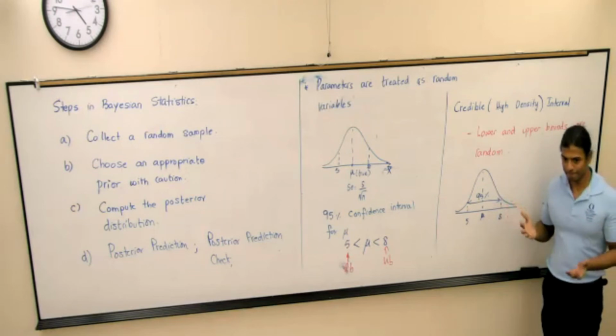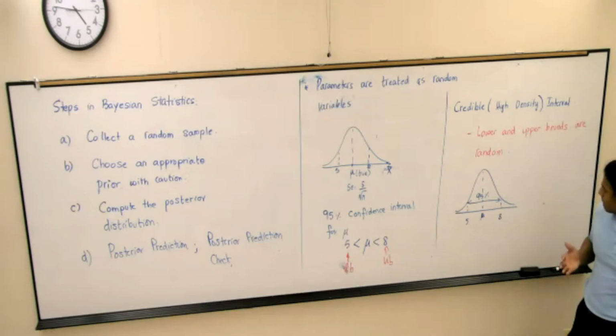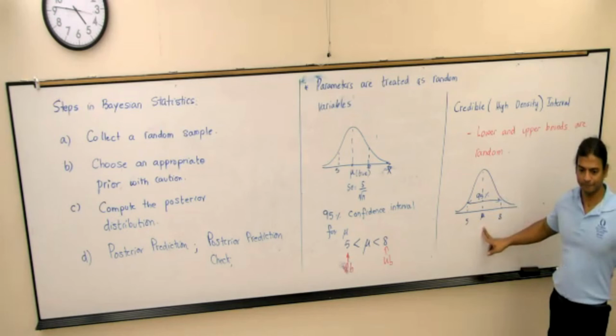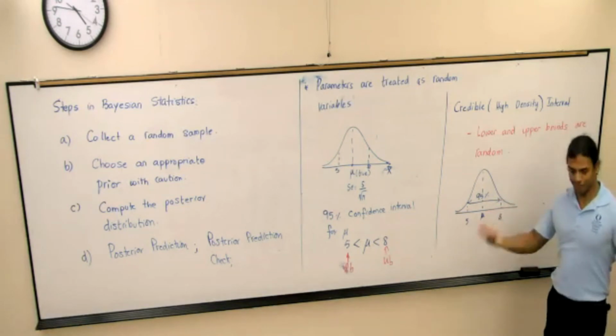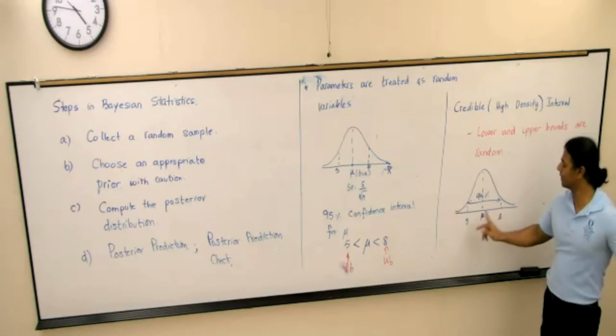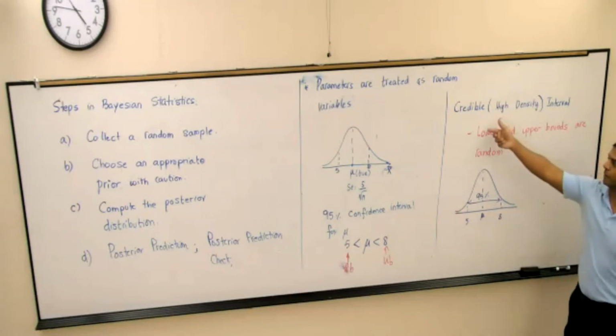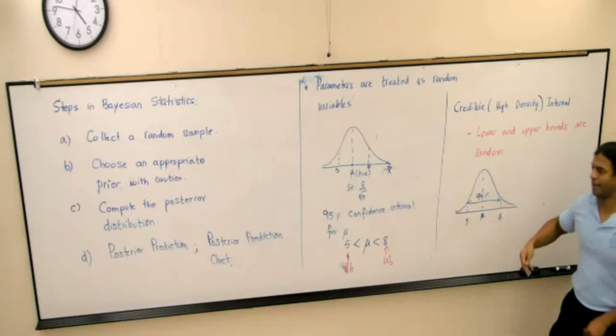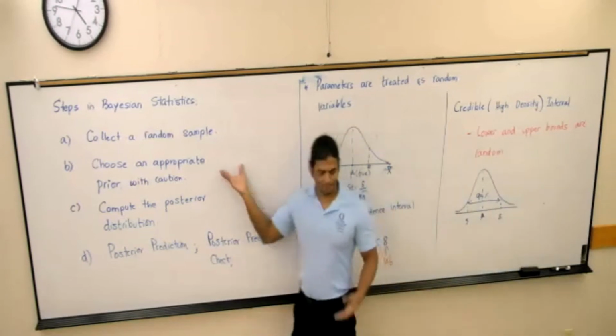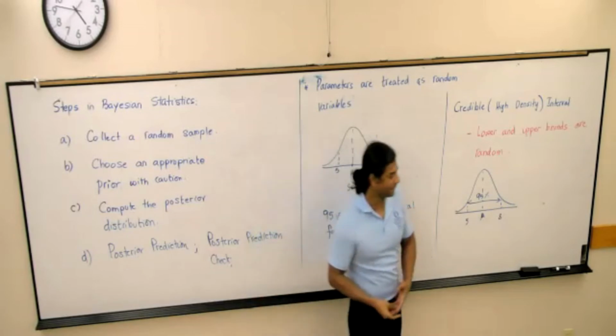Does that make sense? Say the mean there, you mean like the true population mean? Yeah, it's a parameter. So the parameter here, I used mean, will lie between 5 and 8, which is why we call it a credible interval, based on the belief that you have, and that belief comes from the prior that you provide.